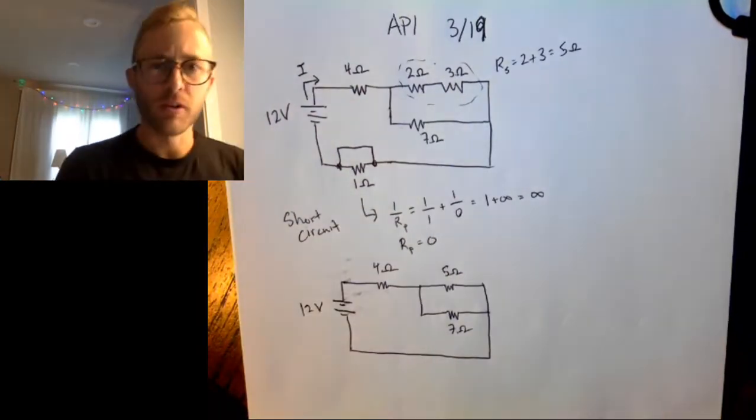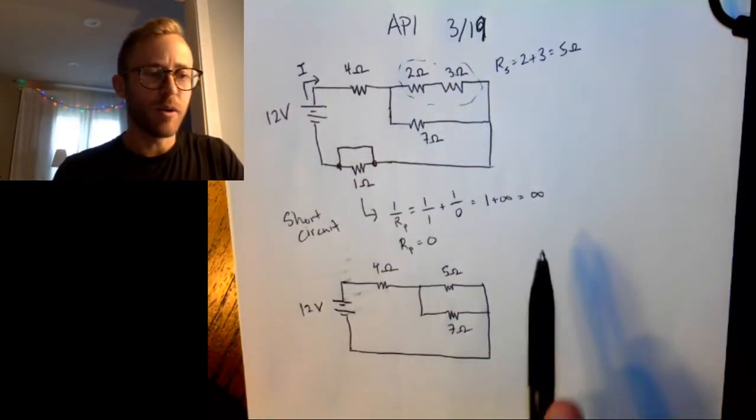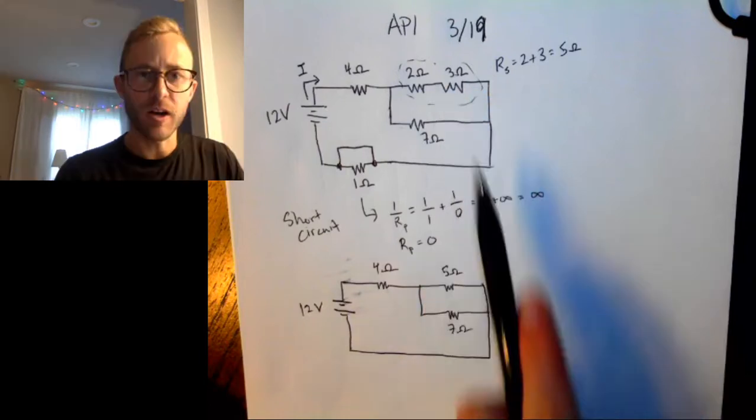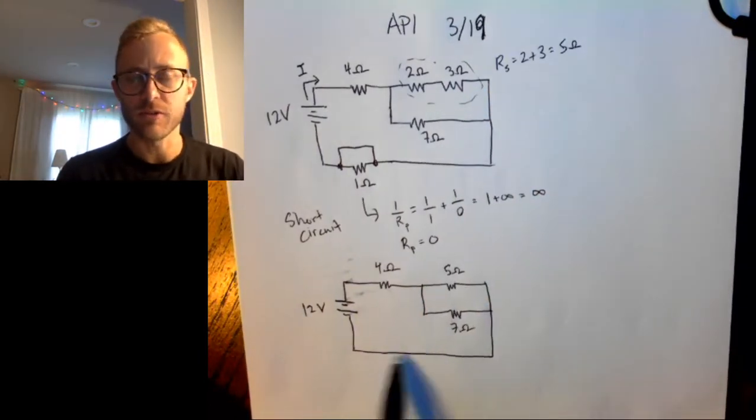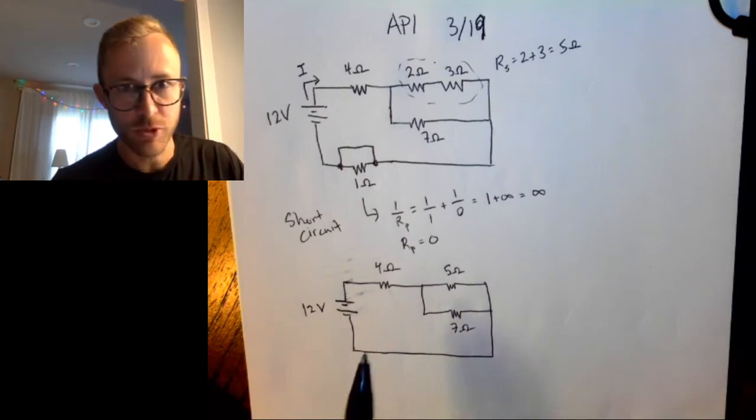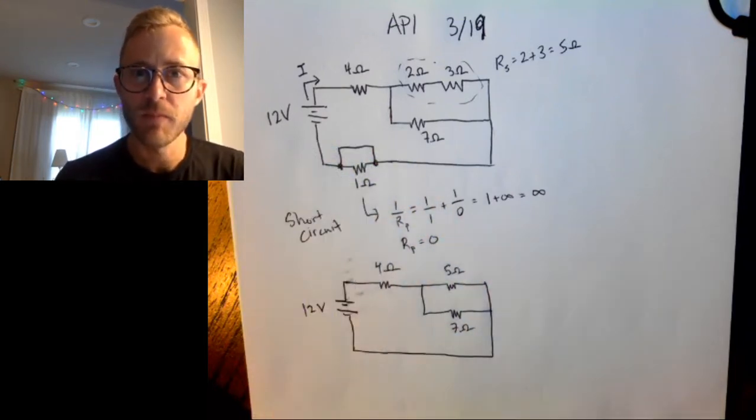I've combined the 2 ohm and the 3 ohm into 5 ohms, and I'm not drawing the 1 ohm resistor anymore because it was short circuited by this wire.